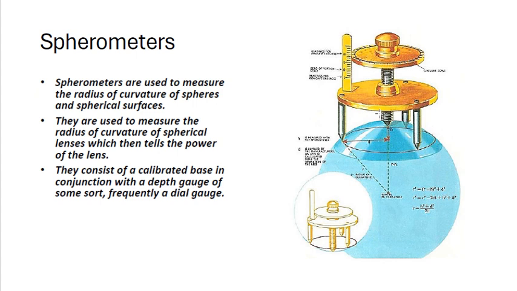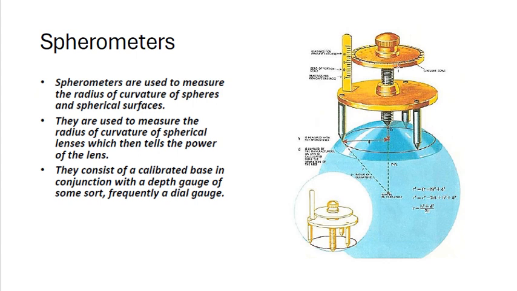When you look at this equipment, the spherometer, you're gonna have a base, and that's your calibrated base. And then of course you're gonna have a dial gauge, because you are measuring the depth of something. So that's what a spherometer is.